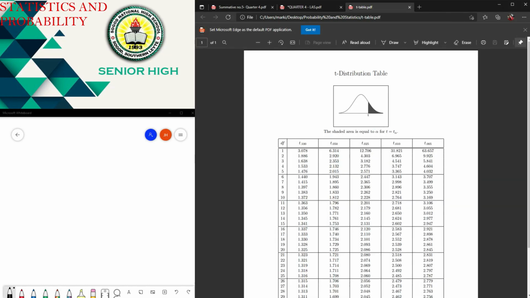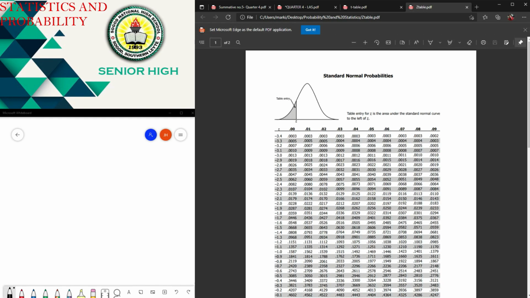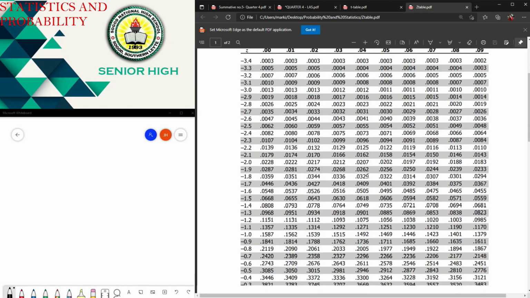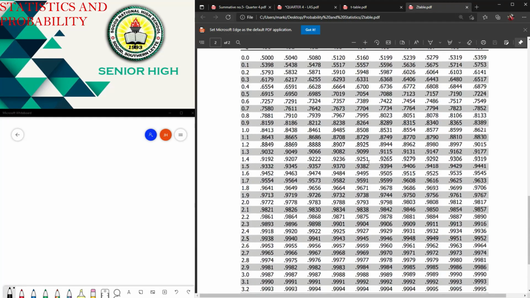This is the t table that I was mentioning. Try to look for 1.56 in the z table. So 1.56, what could be the area?